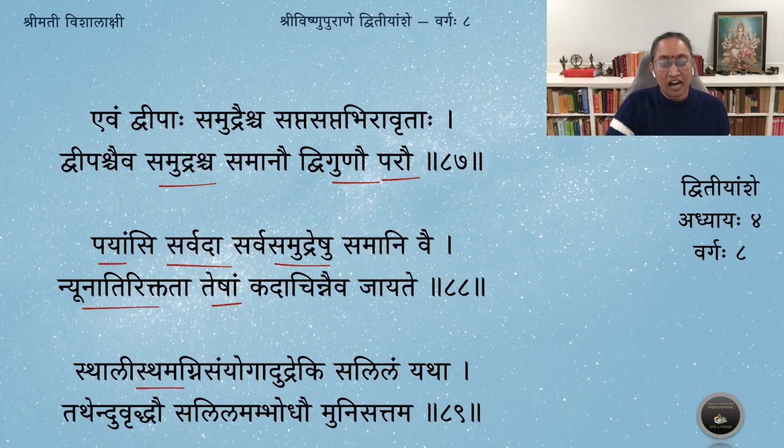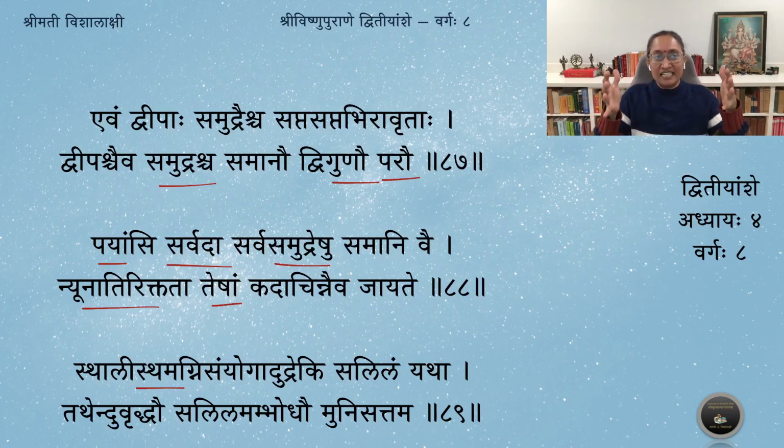Sthali stham agni samyogat udreki salilam yathaa, tatha indu vriddhau salilam ambodhau munisattama. We have heard that because of indu vriddhi, in shukla paksha, when Purnima happens, when the full moon happens, there is a high tide and the ocean rises. There seems to be an increase in the ocean.